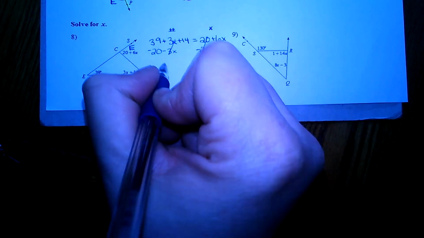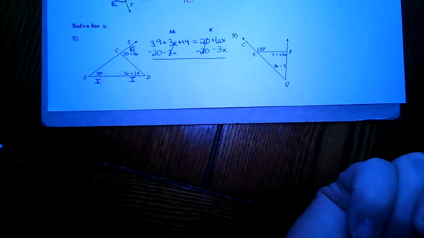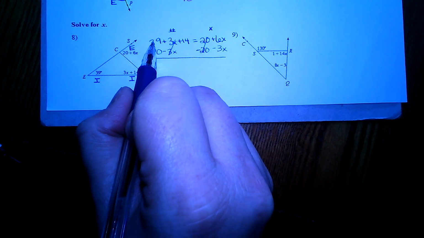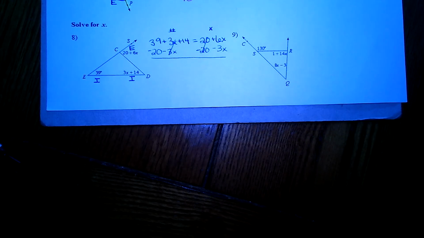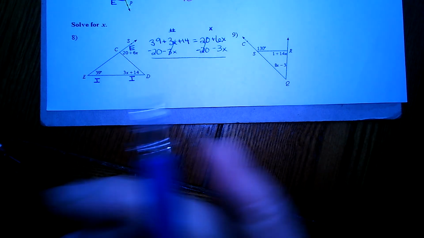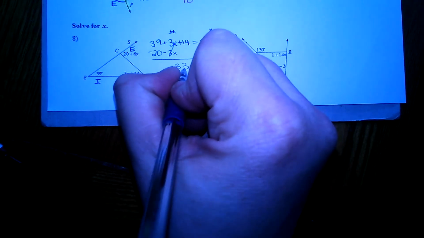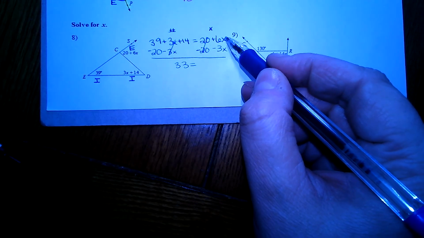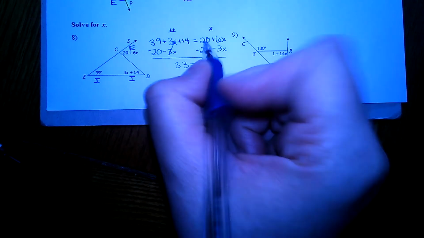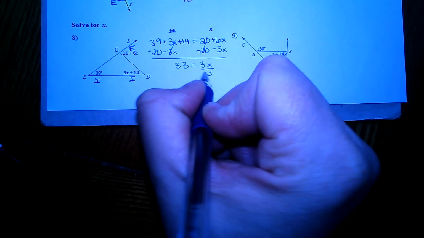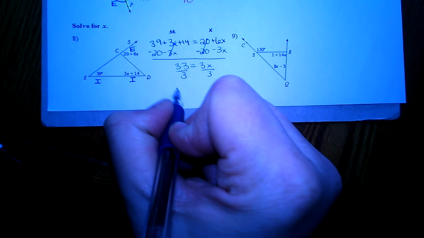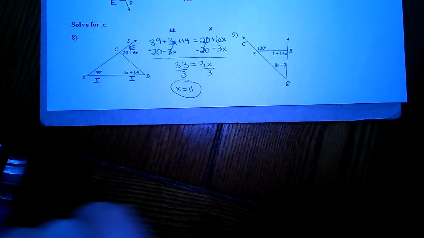And then I'm leaving 6x on the right. So on the left, I have 39 plus 14, take away 20. I get 33 on the left. And on the right, I have positive 6x, take away 3x. Final step is to divide. 33 divided by 3 is 11.